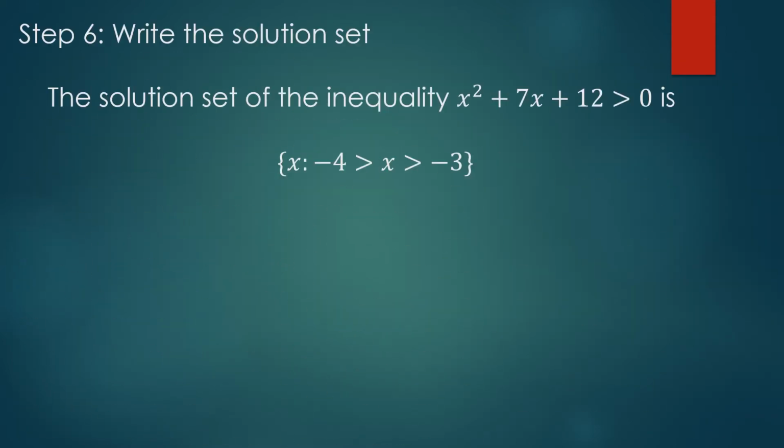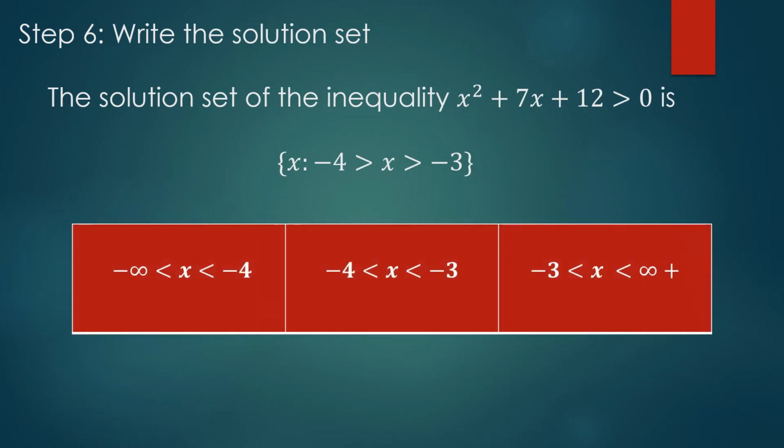Okay, step number 6 na tayo. Write the solution set. So, since dalawa man yung naging sagot natin, okay, so ito na yung magiging kasagutan mo. Based from our inequality.